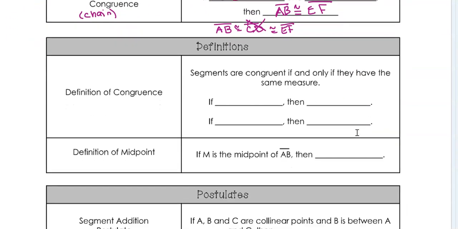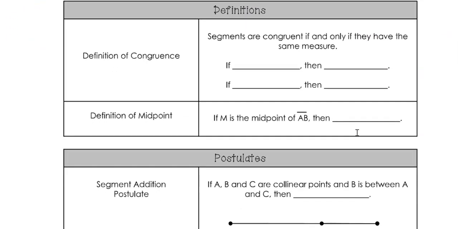So now we are talking about some definitions. Definitions are our parts that will let us take words that we have or symbols and change them. So our first one is our definition of congruence, which kind of tells us what congruence means. Segments are congruent if and only if they have the same measure. Those of you might notice that this if and only if is a biconditional.